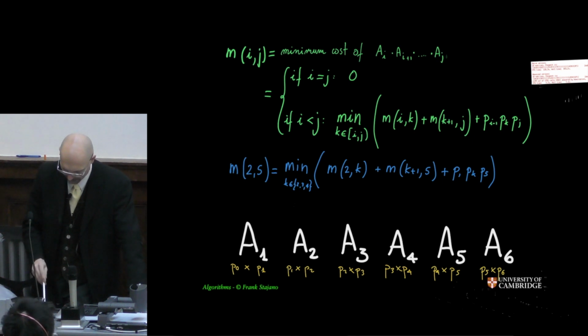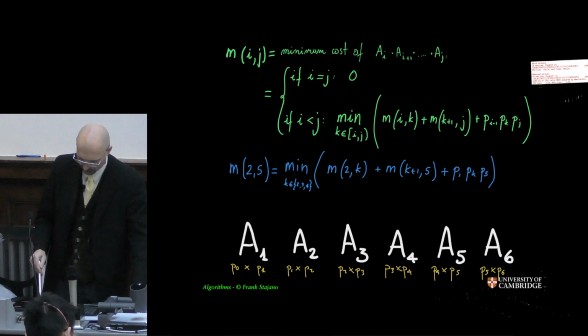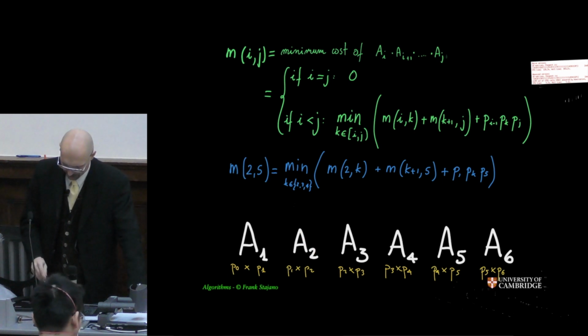So this is the k. It goes over here, not to 5, because I would place it here. This is the left side, and in this case it would be M22, which has no cost, and the right side, which is M35, and this is where I made a mistake last time. I didn't have this plus 1 here, so 2, and the next one starts from 3.